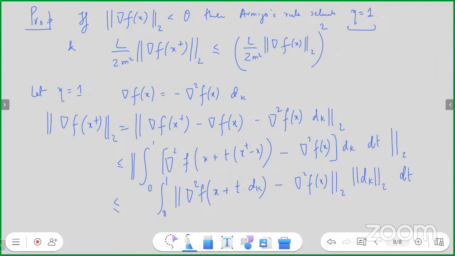Now I can apply the condition I have for myself. What is that? So this will be again less than or equal to L times t times dk, right?